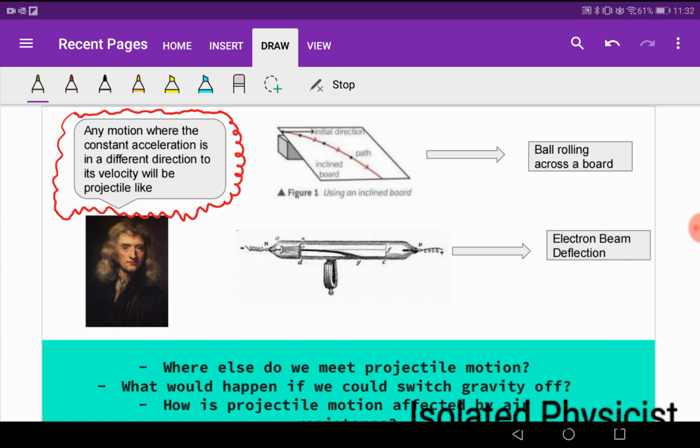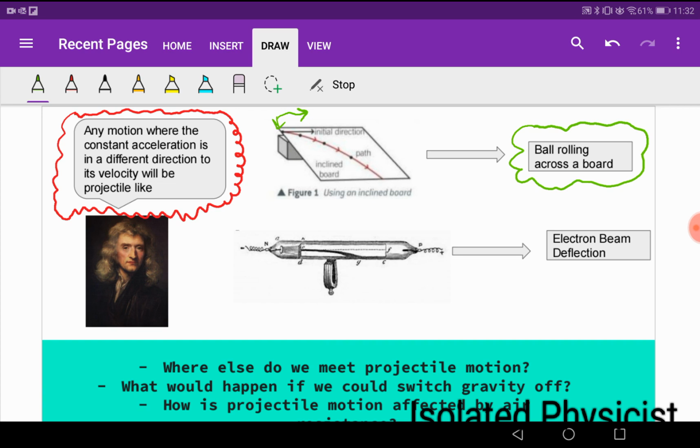If we look at the first example, figure 1 here, you can see that the initial direction is sort of that way, and then the acceleration is going to be kind of down the board. So you can see we've got a nice parabolic motion here. So rolling a ball across a board is one example of parabolic motion, or projectile-like motion, and the second example would be an electron beam deflection.